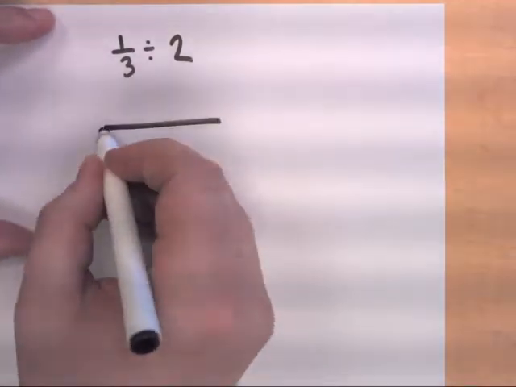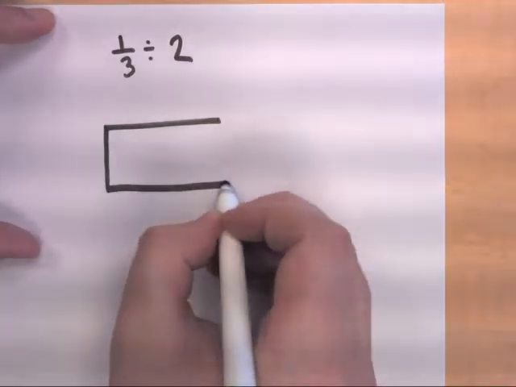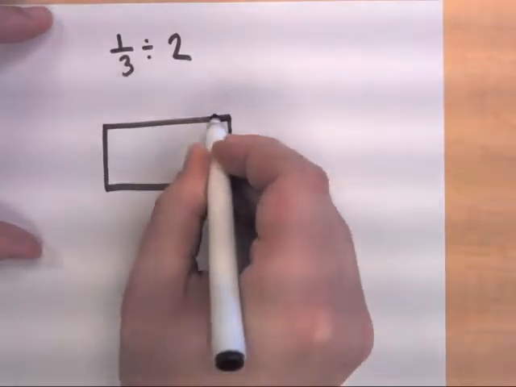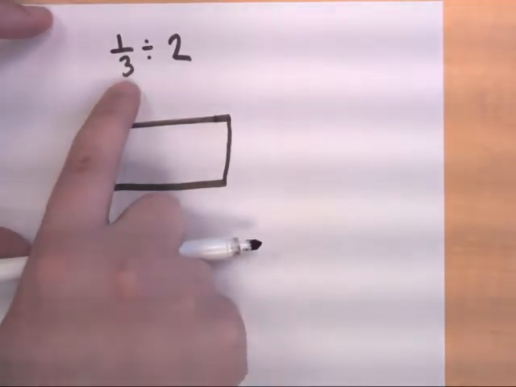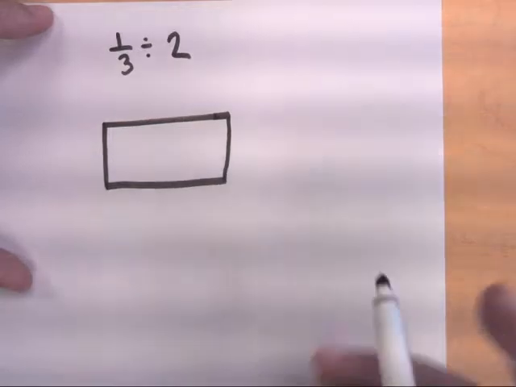And the first thing I would want to do is draw my dividend. In this case, the dividend is 1/3.